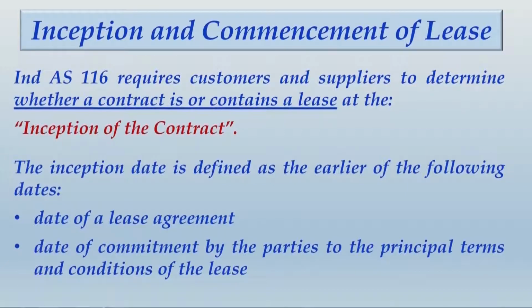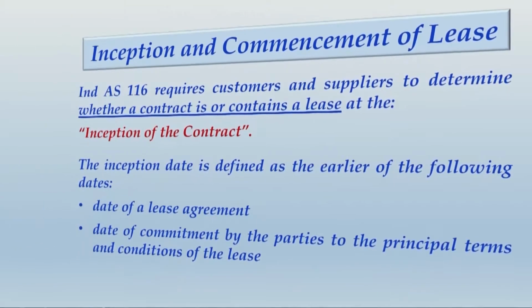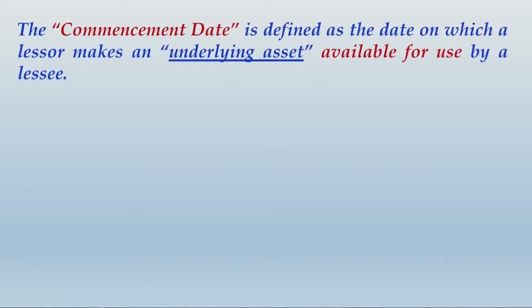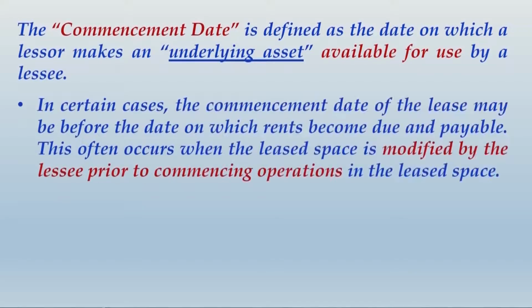Alright friends, you would have finished writing this whole thing about inception of the contract. Now let us write something about commencement of the lease, what we have already discussed just now. The commencement date is defined as the date on which lessor makes an underlying asset available for use by a lessee. In certain cases, the commencement date of the lease may be before the date on which the rents become due and payable.